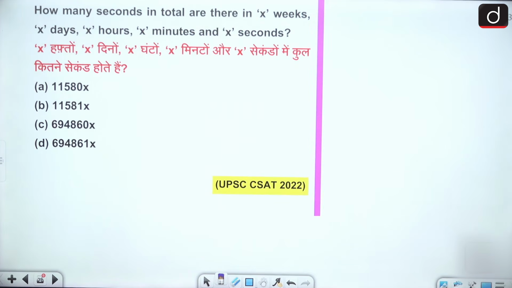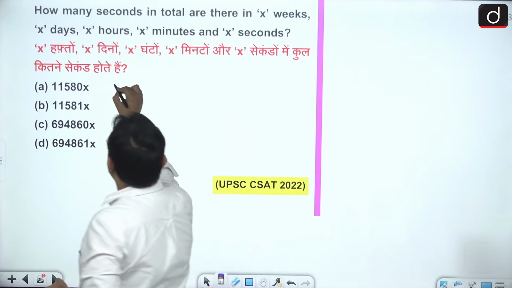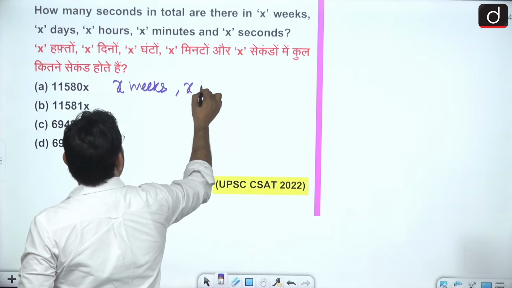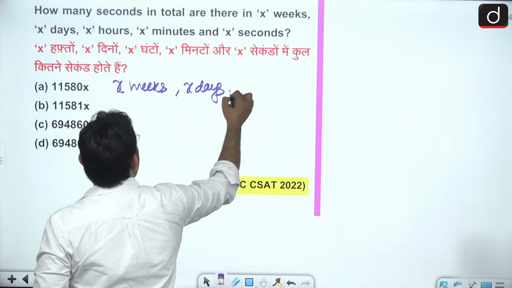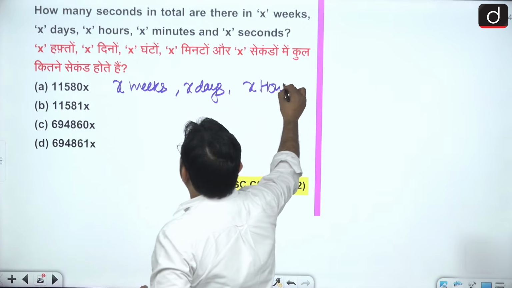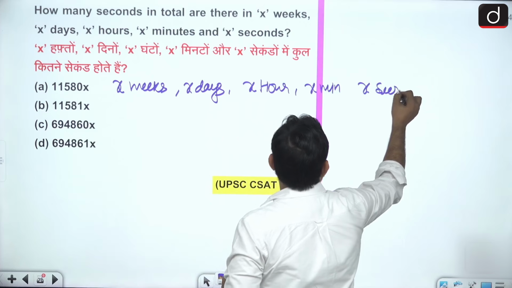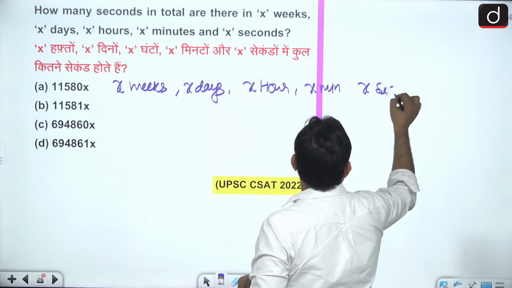Remember? There are X weeks, and do you know how many days in a week? X weeks, X days, X hours, X minutes, and then X seconds.